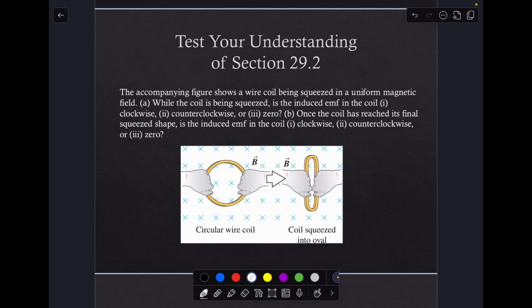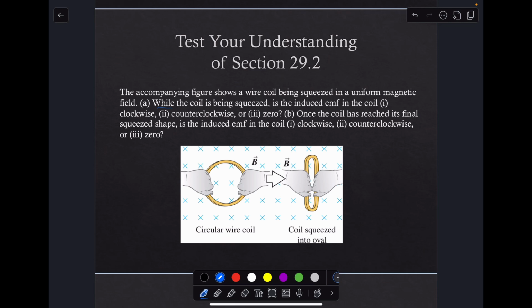So we have a wire coil that's being squeezed, and it's in the presence of a magnetic field pointing into the page. So the question is, while the coil is being squeezed, is the induced EMF in the coil clockwise, counterclockwise, or zero? While something is being squeezed, that's the key word.